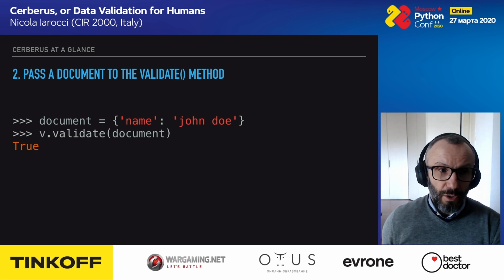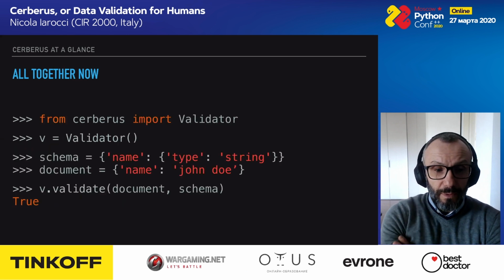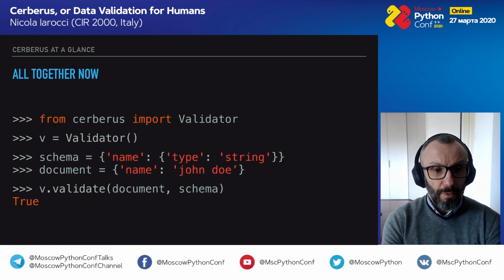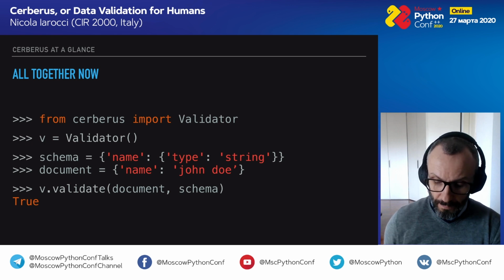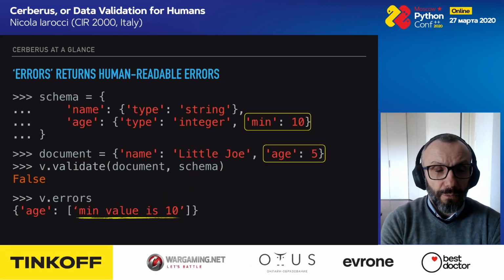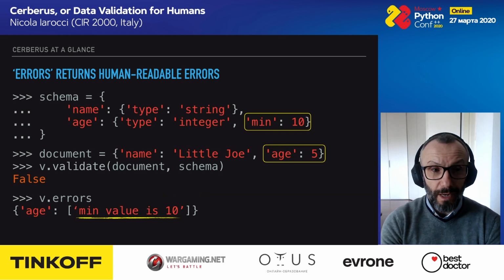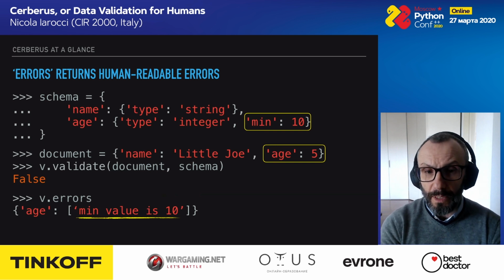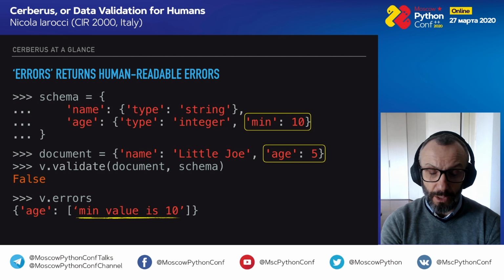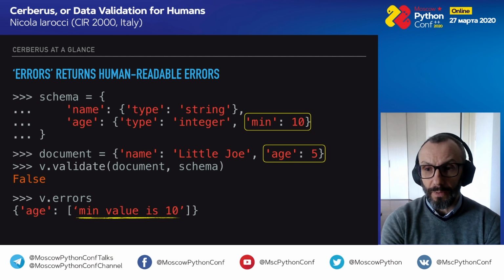So just a Boolean is not that useful, but this is the full example. Here you see the schema, we define the document, and then we validate the document against the schema. You probably want to know more, for example, why the document is not valid. Here we have a more complex schema where we have a name field, but also an age field, which must be of type integer, and it has a minimum value of 10.